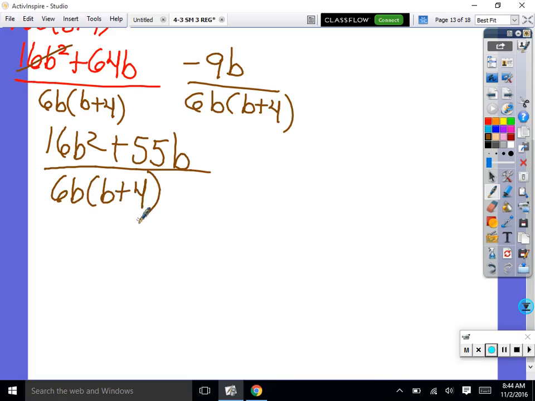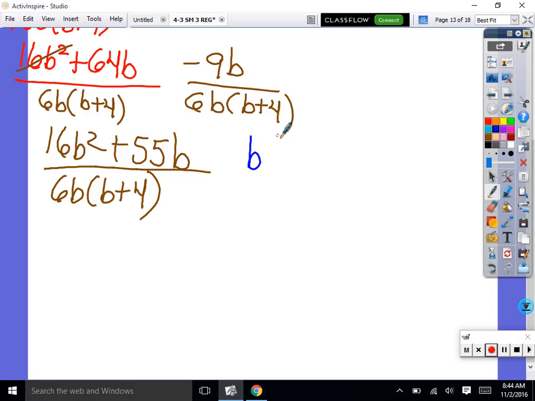Does everybody understand? So then you'd say to yourself, can I simplify by factoring? Look at the top. What can I factor out? A b. Guys, are we focusing? What would I factor out on top?